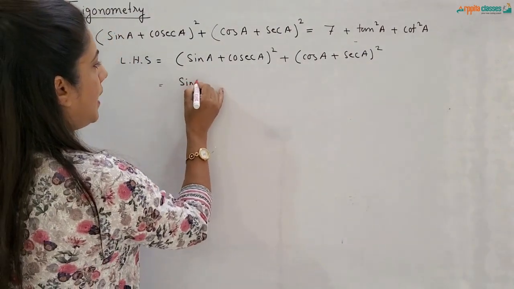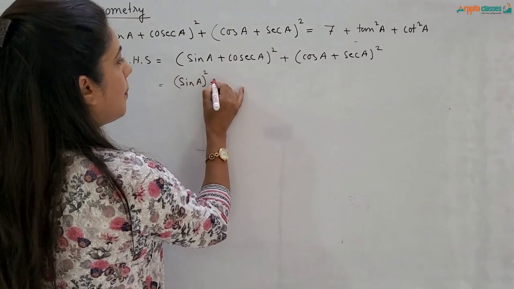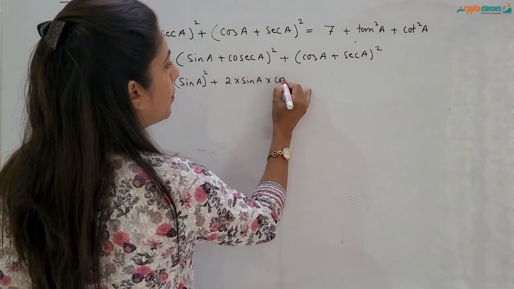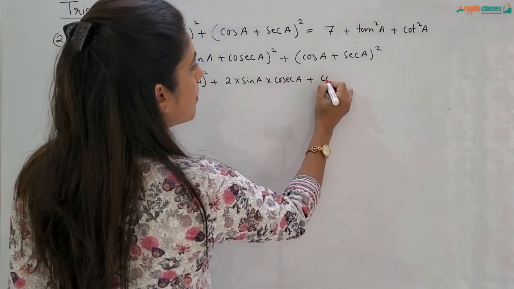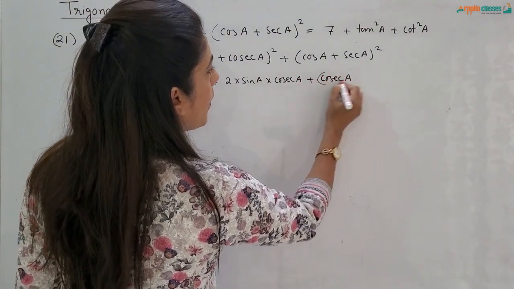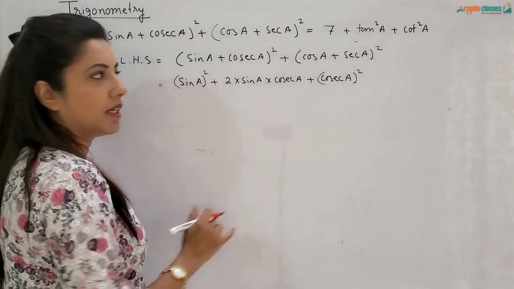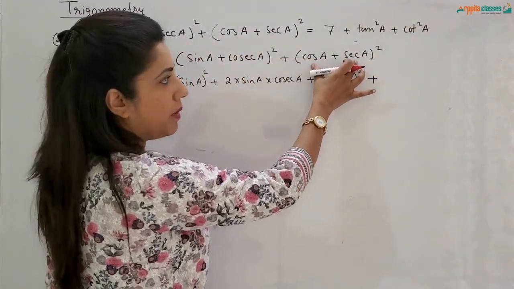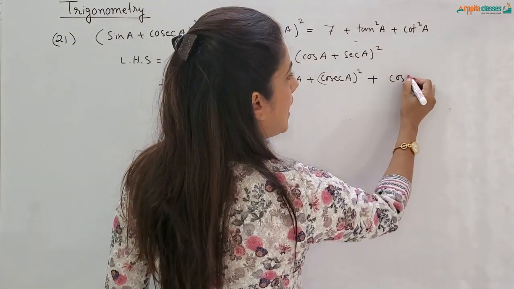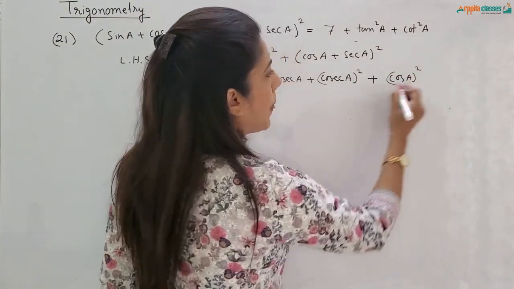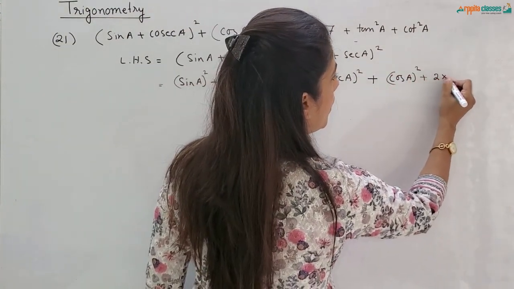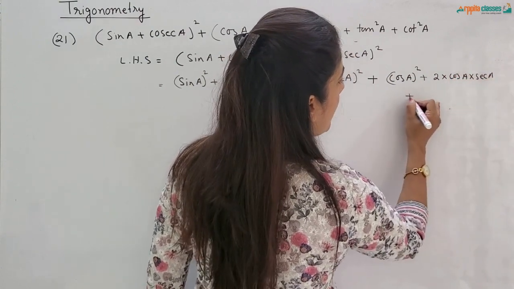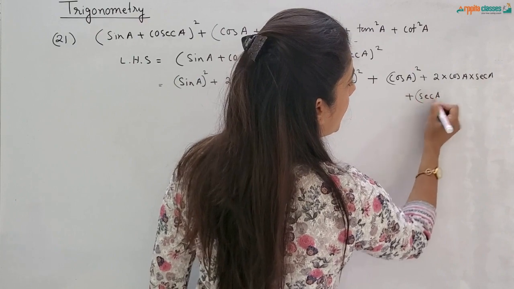So I'll write A square plus 2 into A into B plus B square. This is my first part. In between we have plus, so we put a plus. Now this also should be expanded. So that is A square plus 2 into A into B plus B square.